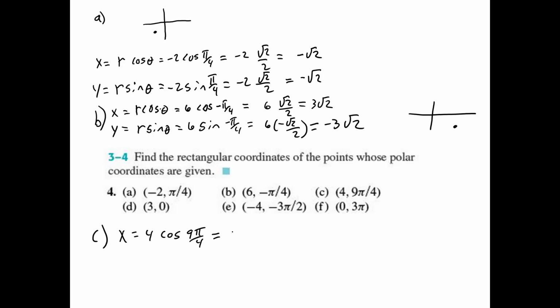So the cosine of 9 pi over 4 is square root of 2 over 2, which gives 2 root 2. Y is r sine theta, which is 4, and same thing, reference angle is pi over 4. You're in quadrant 1, so it's positive. And so you get 2 root 2. And there you go.